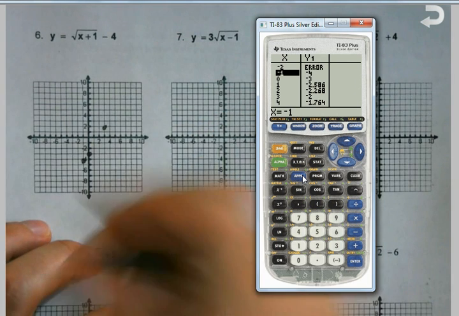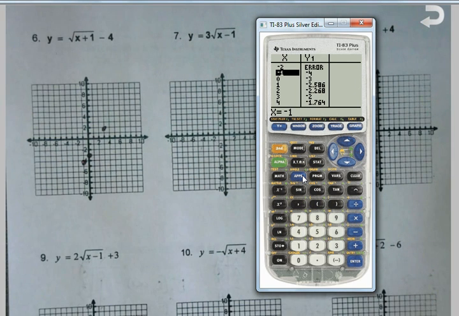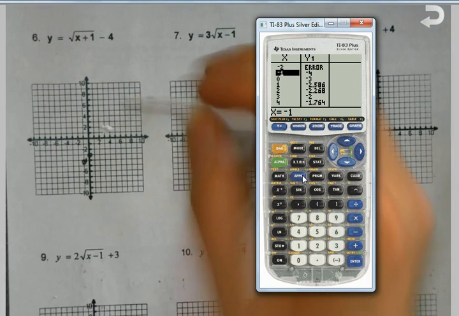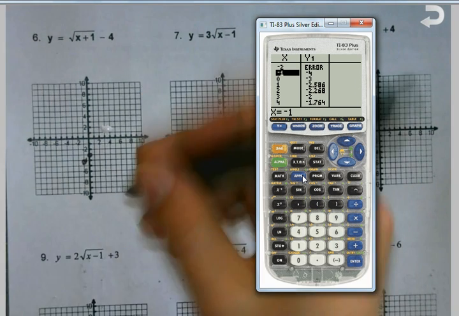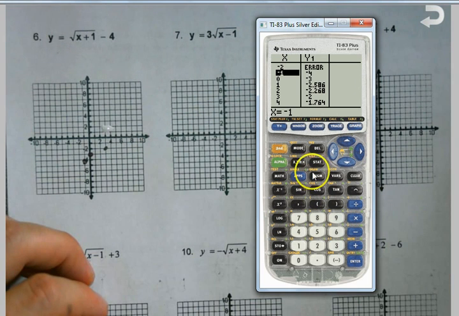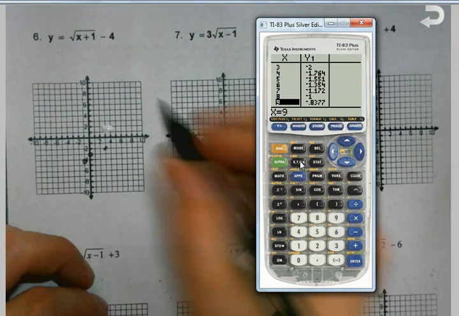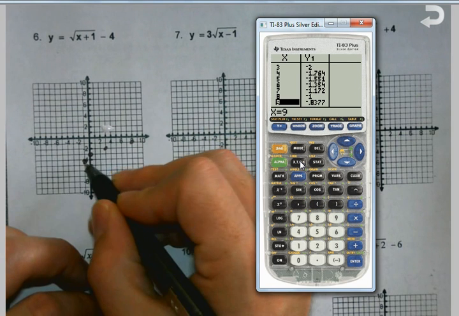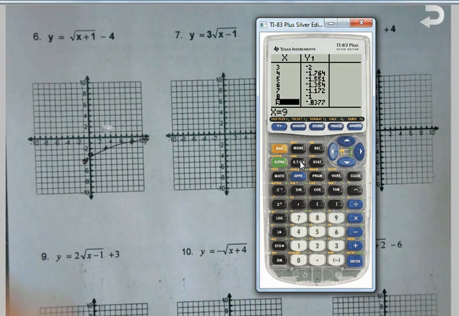Oops. This is why you don't use pen when you do math. Let's clean that up. There we go. Let's see if there's any more that'll fit here. And 8, negative 1. Okay. And I connect the dots. And you're like, okay, that's easy enough.